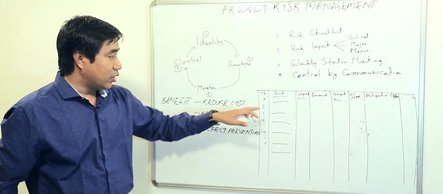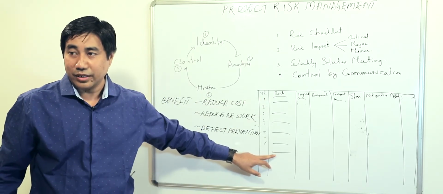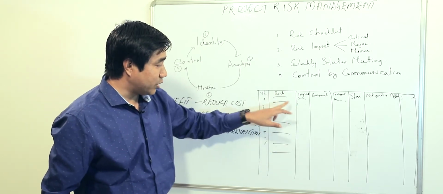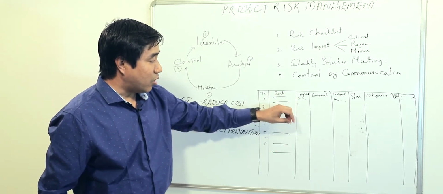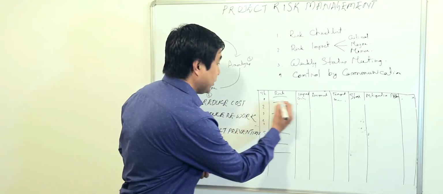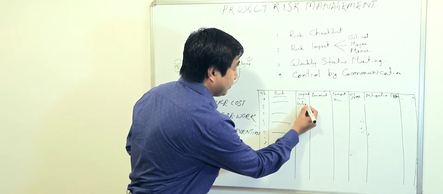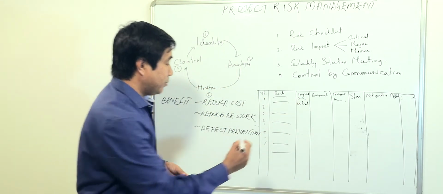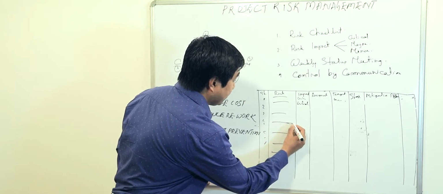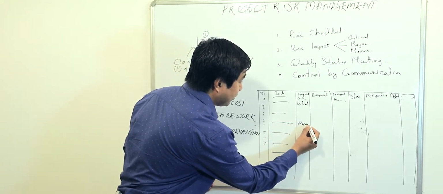So for example, we have 10 risks identified this week, and we are going to analyze how these risks are impacting the project. If the first risk is impacting the project heavily, we put it as critical. If another risk is not impacting the project much, we put it as minor.